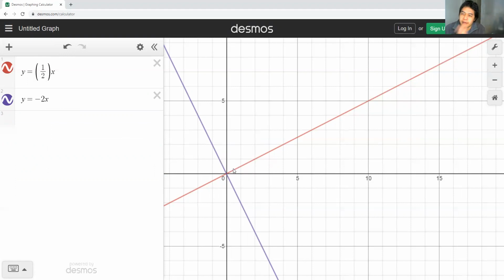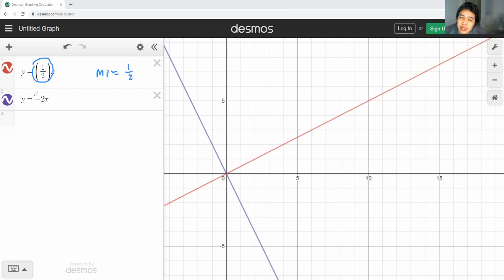So you see, this is also another important thing that you need to know. When two lines are perpendicular one another, that means you see, okay, now if I look at the value of the slope here, the first one is half, yeah.